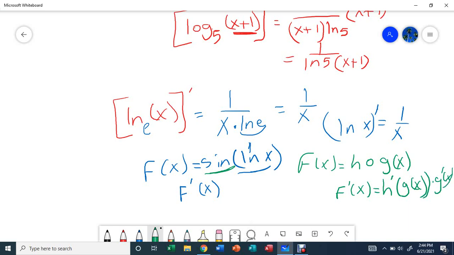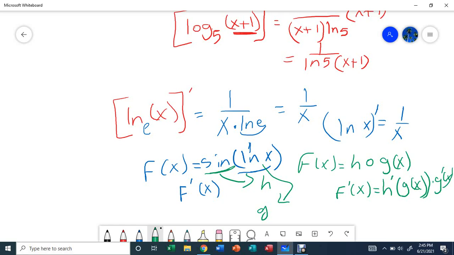So in this case here, h is sine and ln of x is g. So we're gonna do sine prime applied to ln of x times ln of x prime.